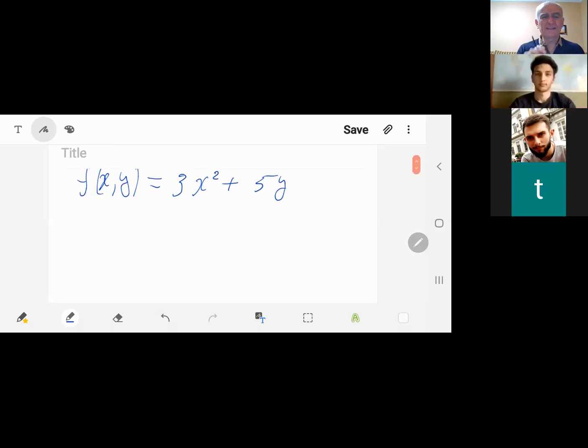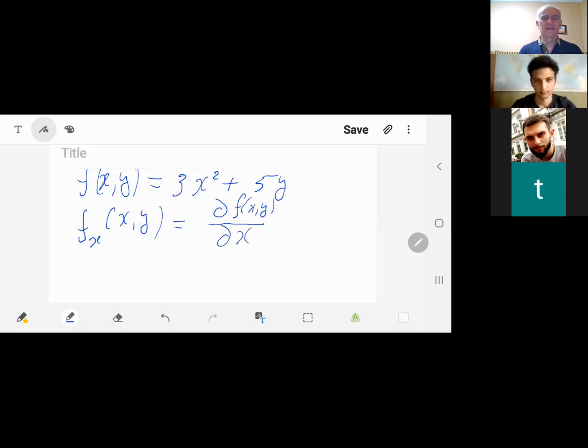So to find derivative respect x, it's denoted by f_x(x,y), or it's denoted as well df(x,y)/dx, and this d is different also from the case of function of single variable.